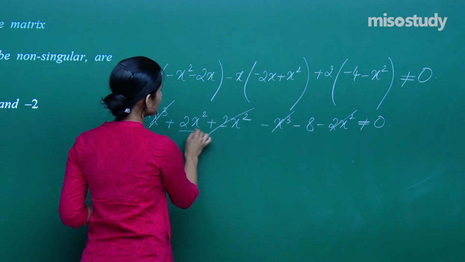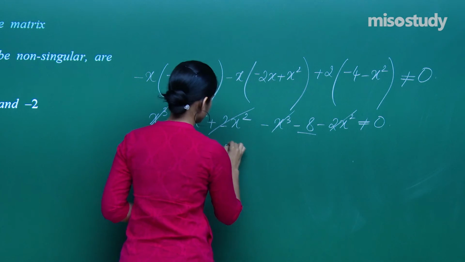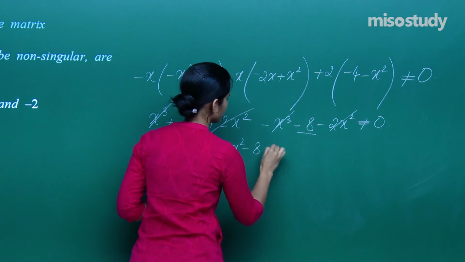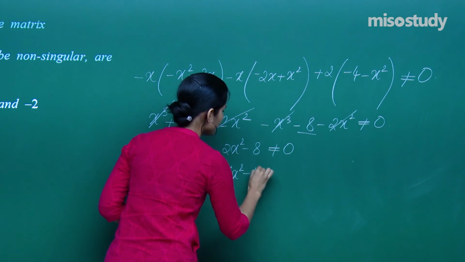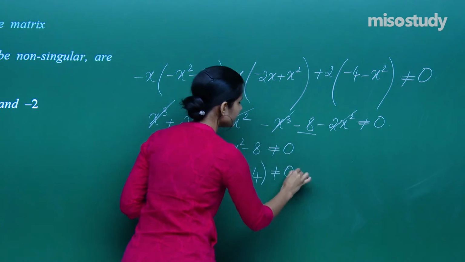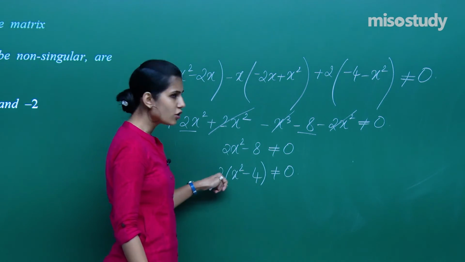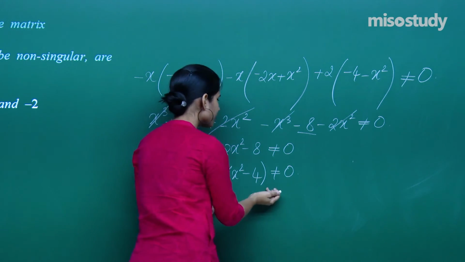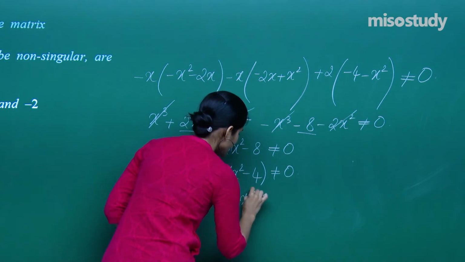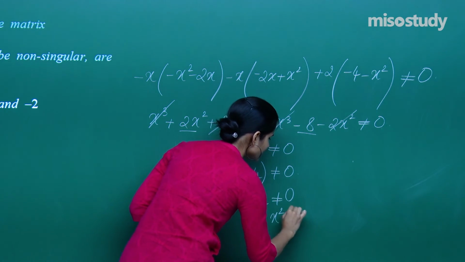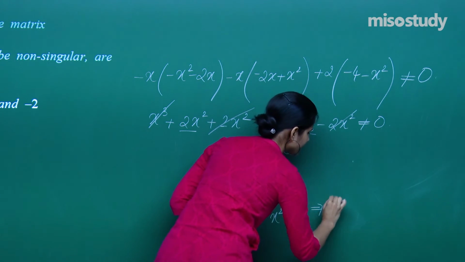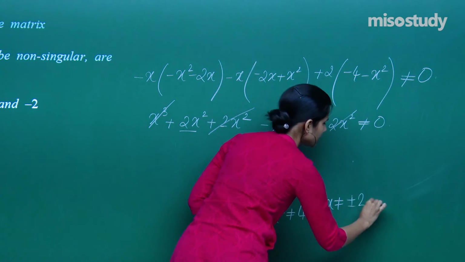What you are left with is 2x square minus 8. So this is 2, x square minus 4 is not equal to 0, right? 2 is already not equal to 0. So for this expression to be not equal to 0, x square minus 4 is not equal to 0. That means x square is not equal to 4, which implies x should not be equal to plus minus 2.